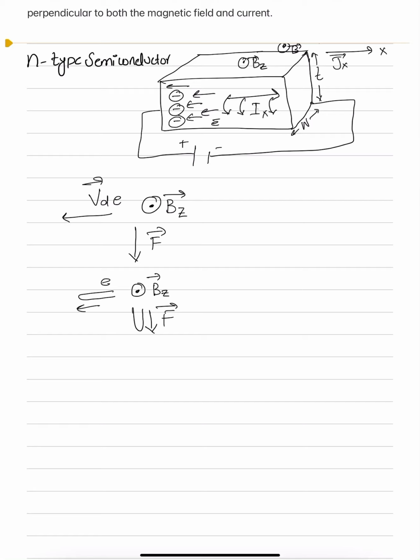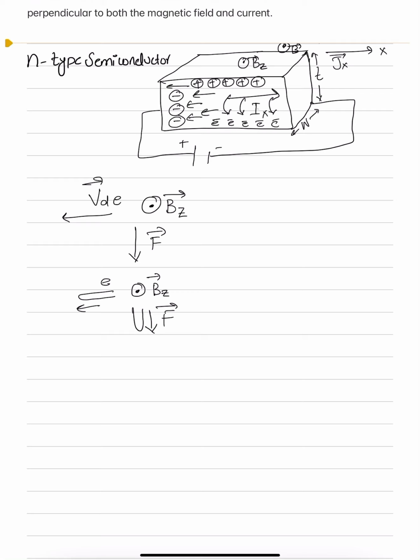Suppose that electrons are accumulating here, here, and here. Because electrons are accumulating on the downside of the conductor, a potential difference will develop across the conductor. Some positive ions are accumulating in the other direction, so there will be a potential difference created inside the conductor.